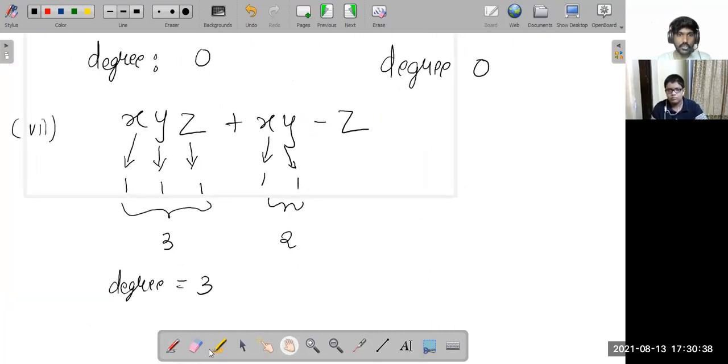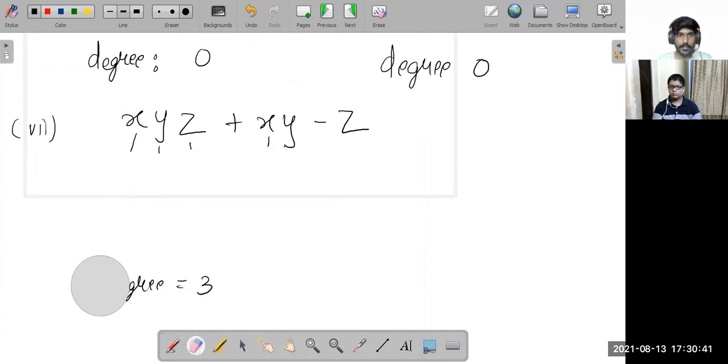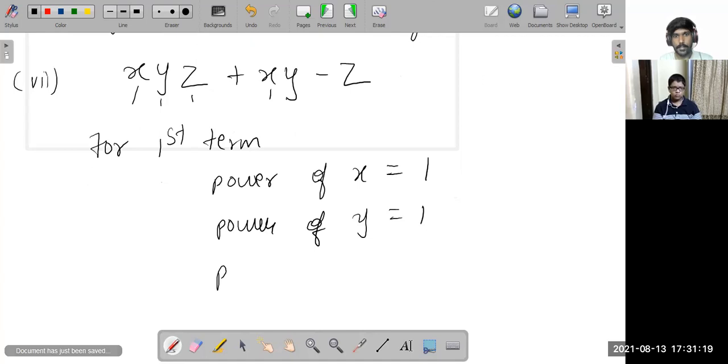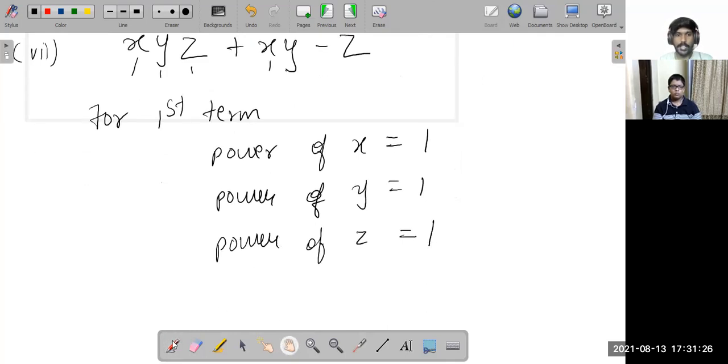Now I'll just show you how to write it. For the first term, power of x is 1, power of y is 1, and power of z is also 1.